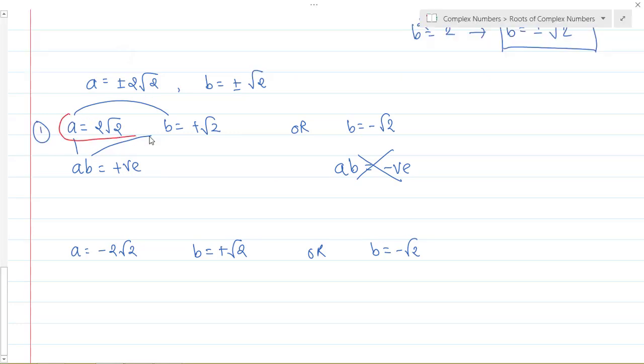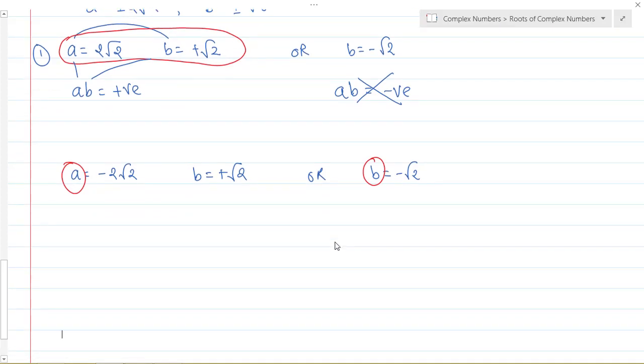So this a and this b value is correct. As I want the answer to be positive, a into b should be positive, that is, the sign of both the numbers a and b should be the same. Either both are plus or both are minus. Okay, again in this case I should use this a and this b, then only I will get the positive number. Okay, so in total, I hope you have understood this.